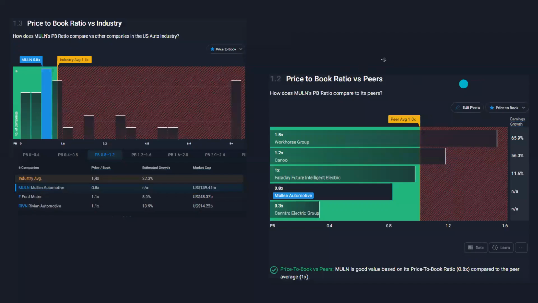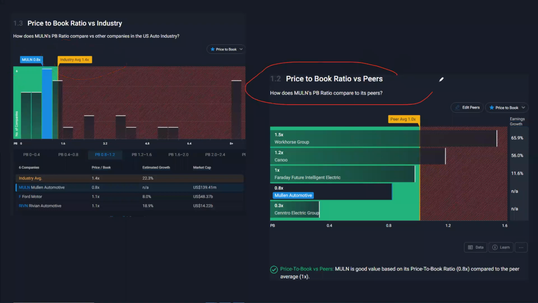We can dive in a little bit more and look at the price to book ratio versus the industry. And from here, you could say that Mullen is a good deal right now. It's got a 0.8x, and the industry average is 1.4x. We take a look at the price to book ratio versus its peers, and it's at 0.08x, and the peer average is 1.